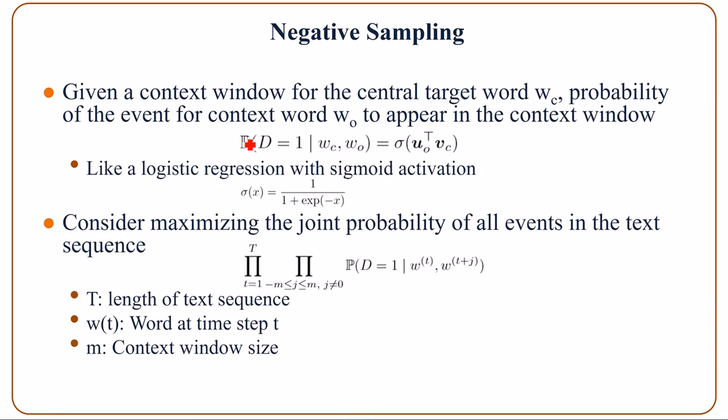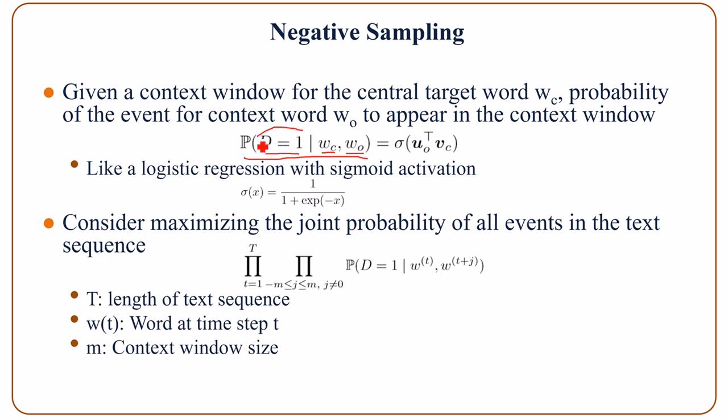Given the context window for the central target word WC, the probability of the event for the context word WO to appear in the context window is this. The probability for a variable D equal to 1, given the central target word WC and the context word WO.